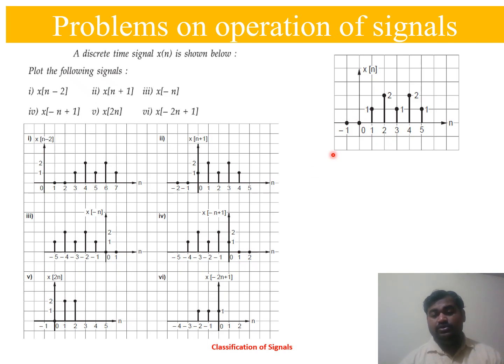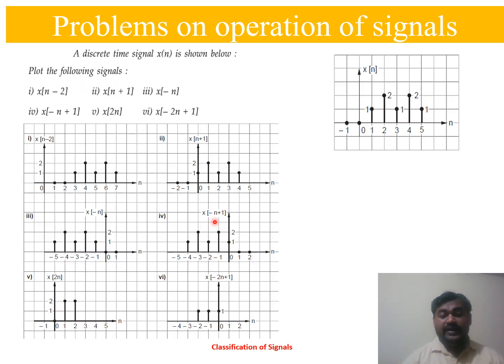The signal present at plus 1 goes to minus 1, so x of minus 1 equals 1. The signal present at plus 2 goes to the minus side, so x of minus 2 equals 2. The signal at 3 goes to minus 3, at 4 goes to minus 4, at 5 goes to minus 5. This is nothing but time reversal or time folding.